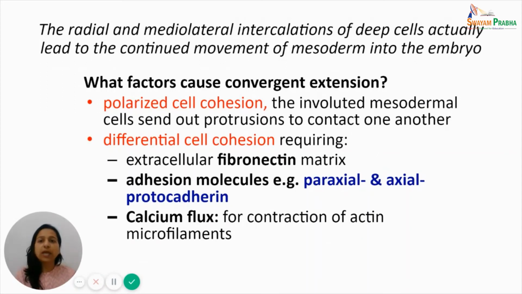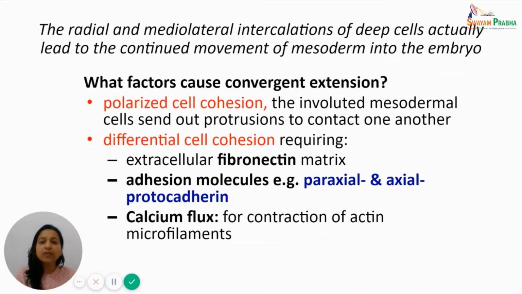So let us have a look at the factors which cause convergent extension. The first factor is the polarized cell cohesion, in which the involuted mesodermal cells will send out protrusions so as to contact one another.